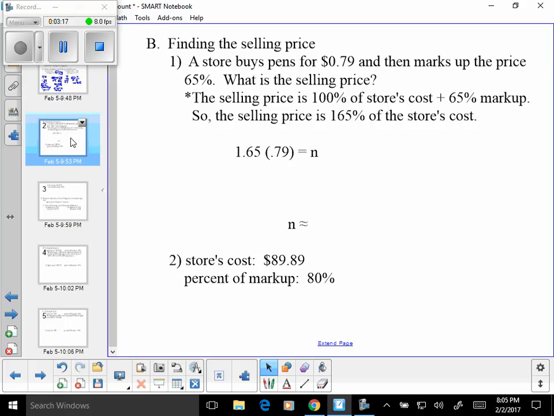Now, the asterisk is by the part that you got to wrap your brain around. You know that to sell the item, they have got to charge at least 79 cents, right? Well, that's a 100%. Then they're going to add 65%. So that means our percent here is really going to be 165% of the store's cost.